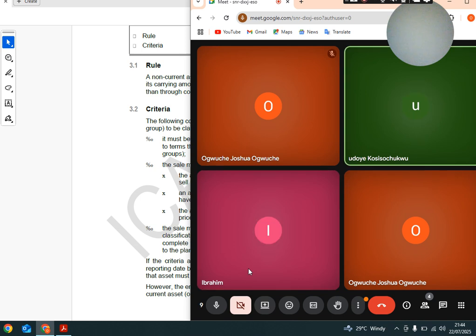I want to understand this net realizable value you're talking about. Fair value is the amount of the asset currently in the market.